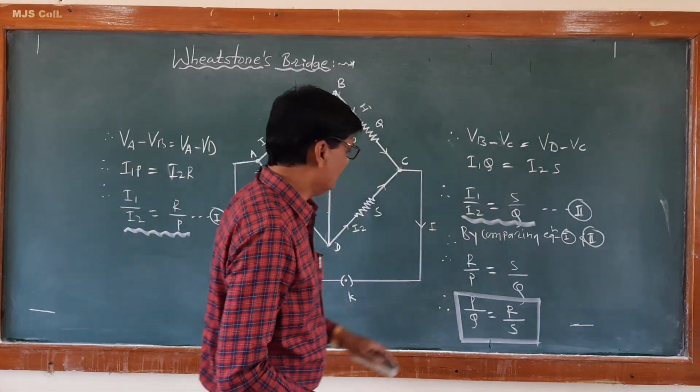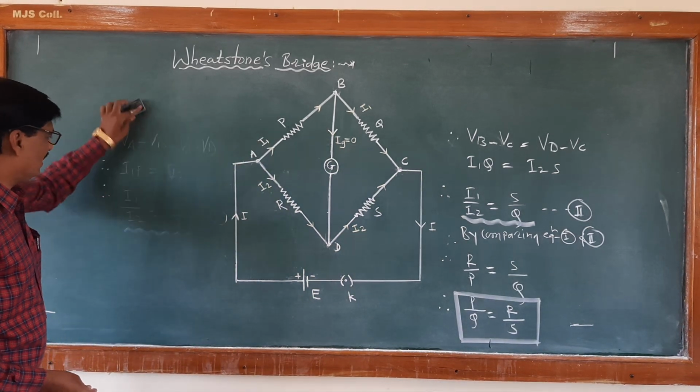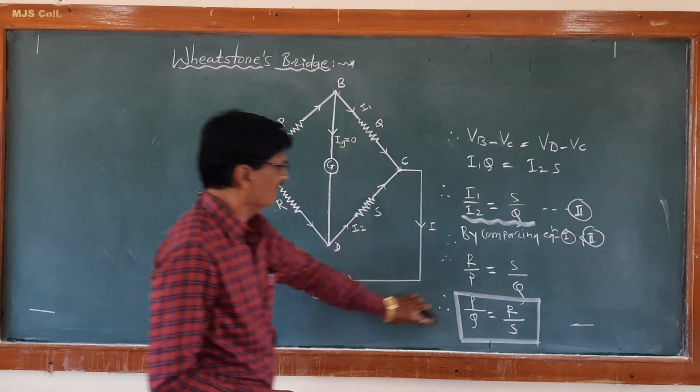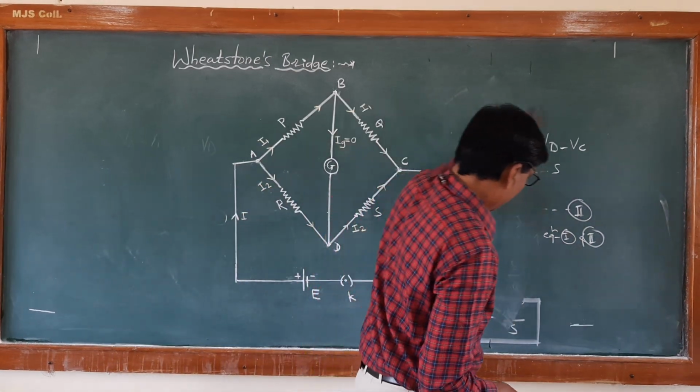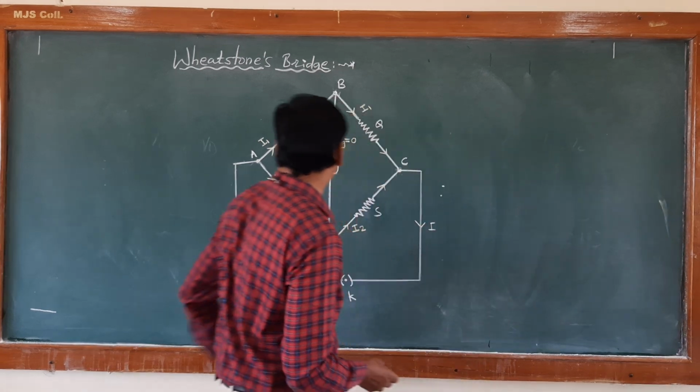This same balancing condition can be obtained by applying Kirchhoff's voltage law to this circuit. Shall I explain an alternative method of obtaining this balancing condition of the bridge?